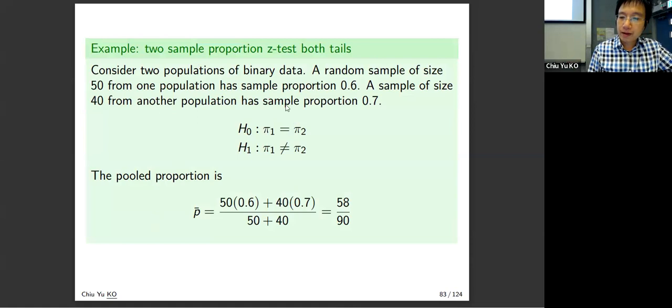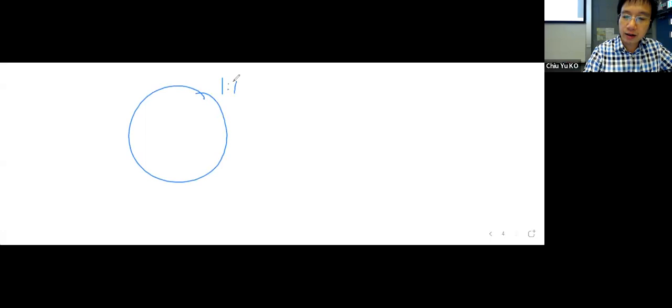Okay, so let me do it on the paper here so that you know what I'm looking at. The question again is a two-sample one. As I said, this is NA, right? And how many people did I get? I got 50 people out of NA, and I don't know what pi one is.